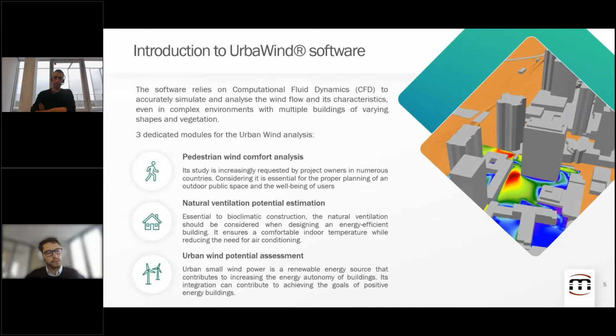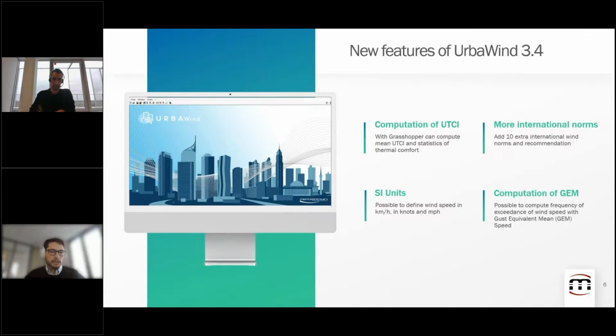The second module is designed to estimate the potential of natural ventilation around your building. The third one is developed to help you assess the wind potential for an urban wind farm, for example. These are the three main features we have in UrbaWind.